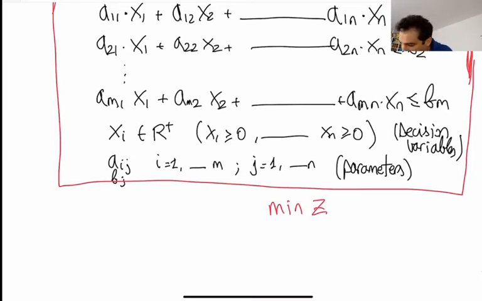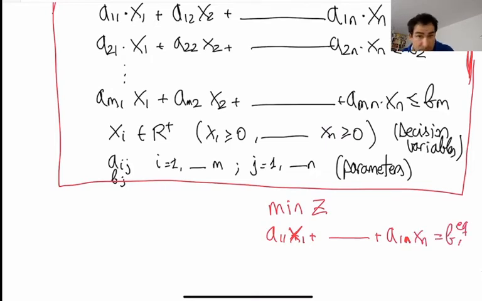We might have equality constraints, right, in which a11 x1 plus a1n xn is equal to b1, equality. This will work, but again, we need to transform it into the canonical one, or something that is greater or equal than a given parameter, right?